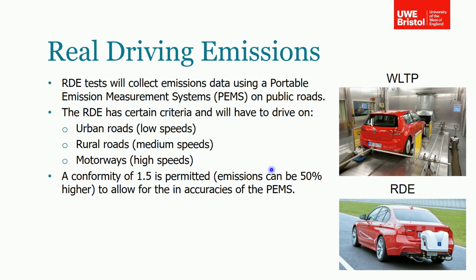What this basically means is that in the real world, the emissions can be up to 50% higher, partly to allow for the inaccuracies of the PEMS kit, but also to give the manufacturers a little chance to get their house in order, and ensure that the emissions in the lab are the emissions that they get in the real world.